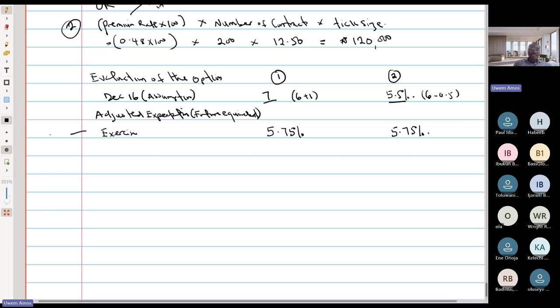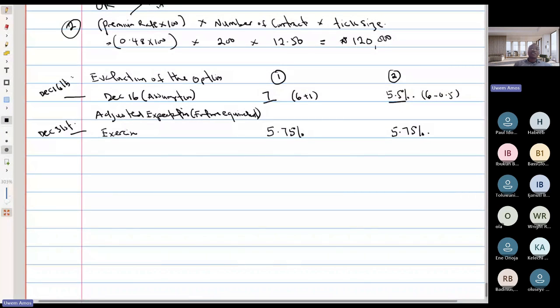Mr. Bighart needs to borrow on December 16th. So the fear is that this might be the rate on December 16th. We can't compare a December 16th value against a December 31st value. We need to look for a way to compare like for like.